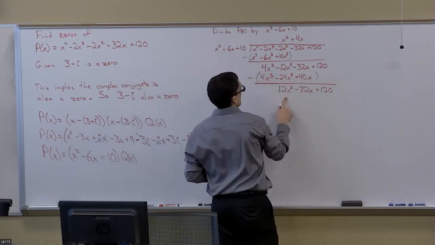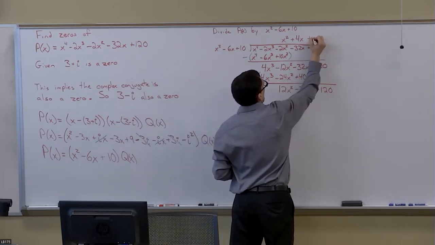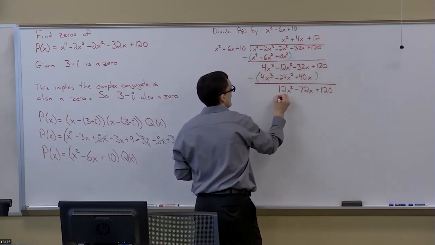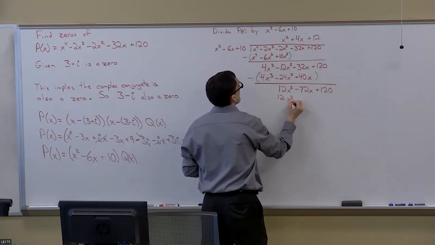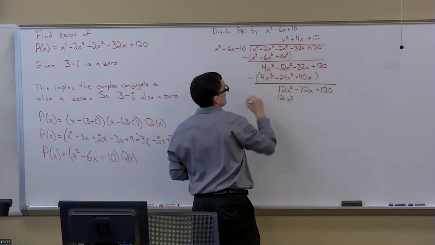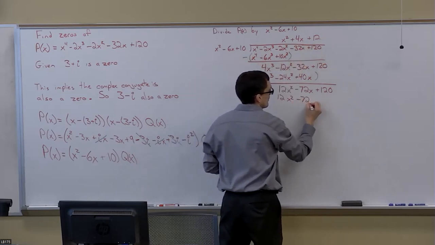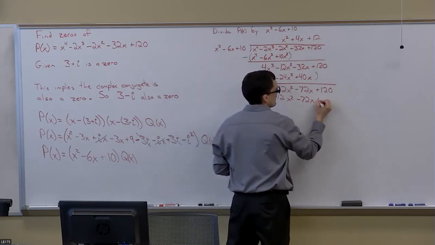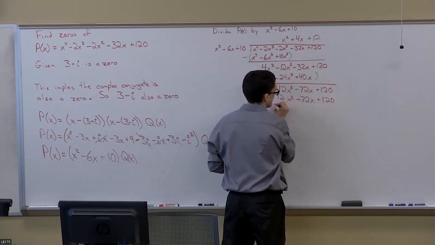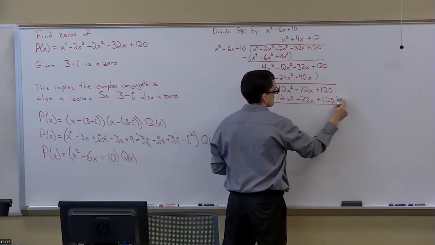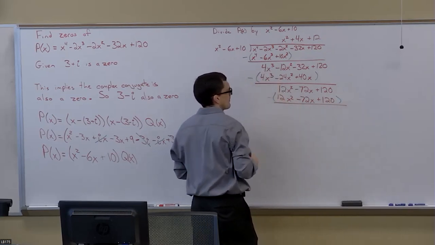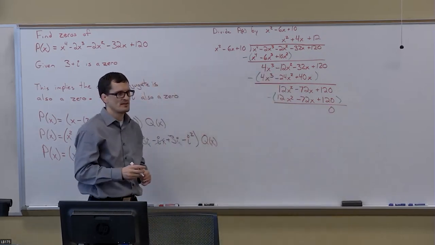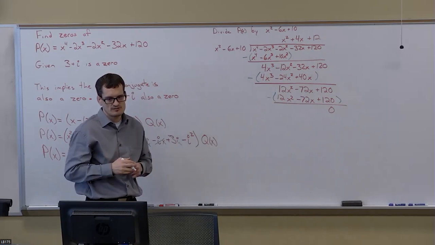To go from x squared to 12x squared, I need to multiply by 12. I get 12x squared. 12 times negative 6 is negative 72. I get negative 72x. 12 times 10 is 120. Get remainder 0, right? Which is exactly what I should have gotten.